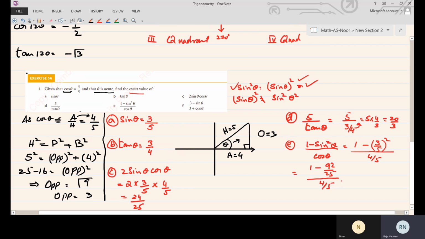So in the next step I'll flip the denominator fraction. When I take the LCM of the numerator term, 25 minus 9, it becomes 16 over 25, and the denominator becomes 5 over 4. So 16 over 25 into 5 over 4. 4 one time, 4 four times, 5 one time, and 5 five times. So finally our simplified answer is 4 over 5.